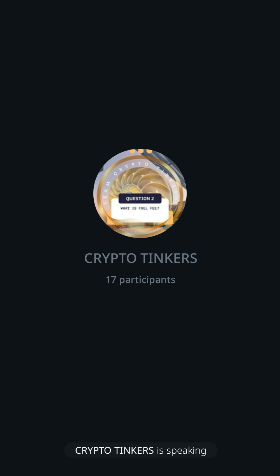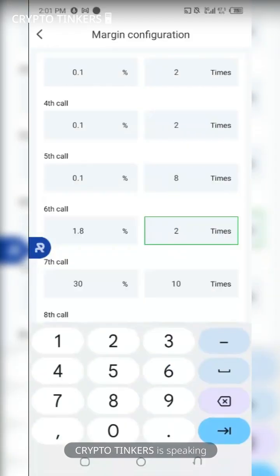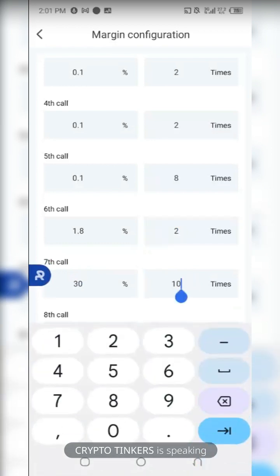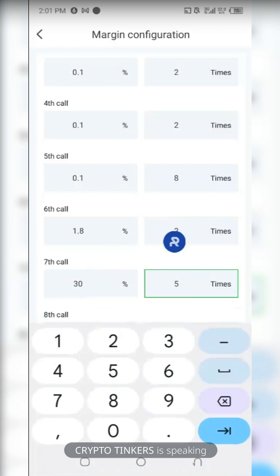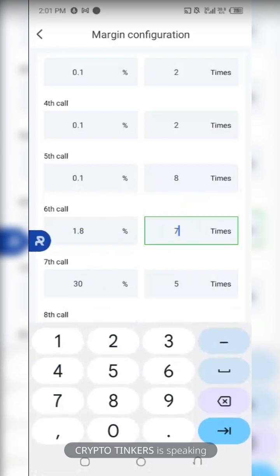So what I just said, the 2 is already here. So I already have 2 times here. I have 10 times here. Now I go and divide this 10 times into 2. So now here will turn to 5 times. Then I add the rest of the 5 times to my previous 2 that is already here. I add it, making it 7.